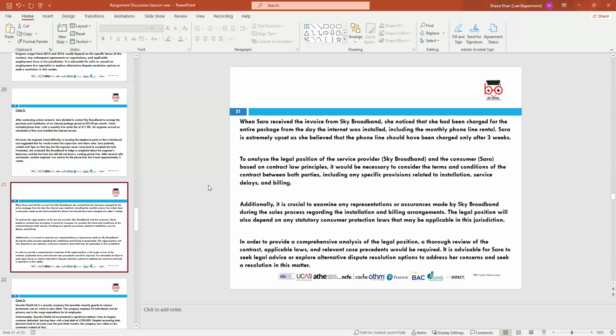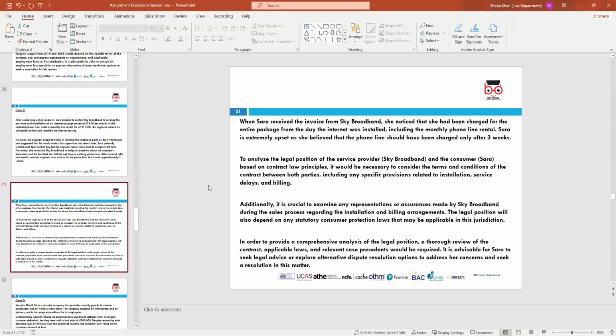To analyse the legal position of the service provider Sky Broadband and the consumer Sarah, based on contract law principles, it would be necessary to consider the terms and conditions of the contract between both parties, including any specific provisions relating to installation, service delays and billing.